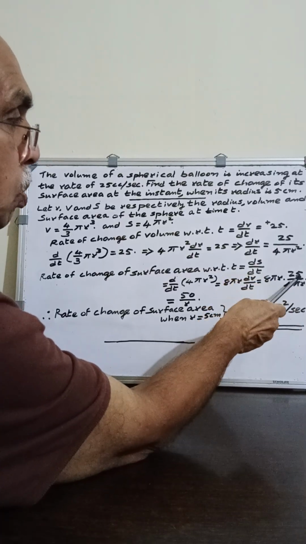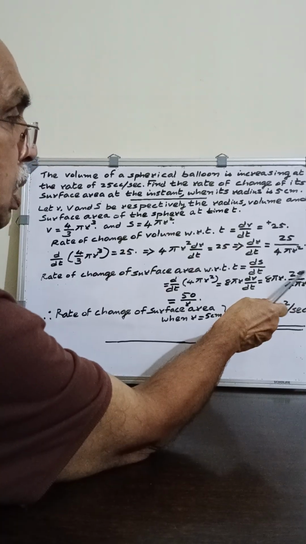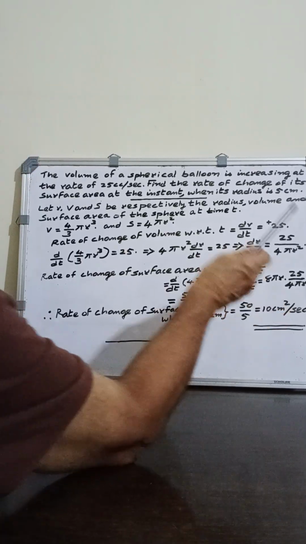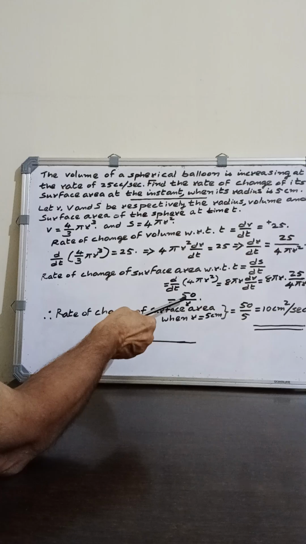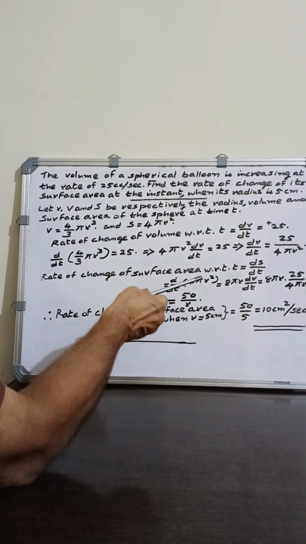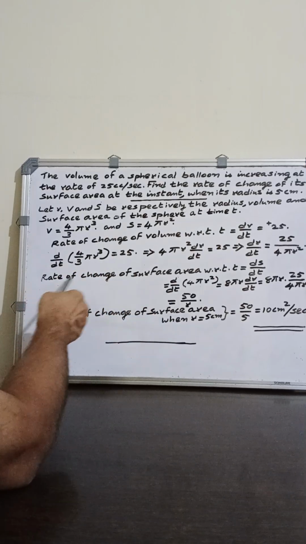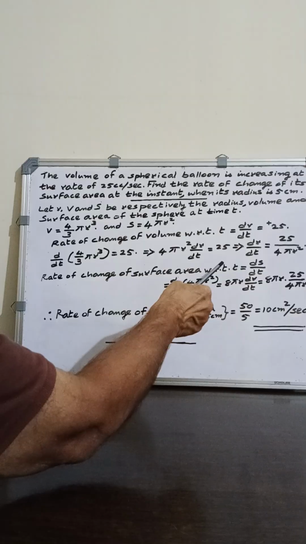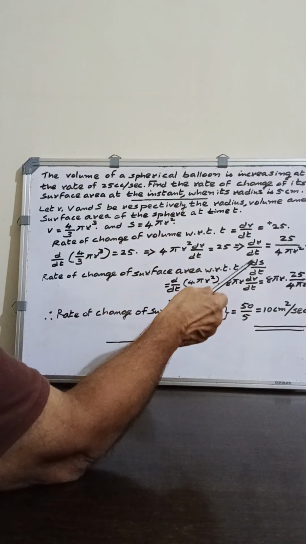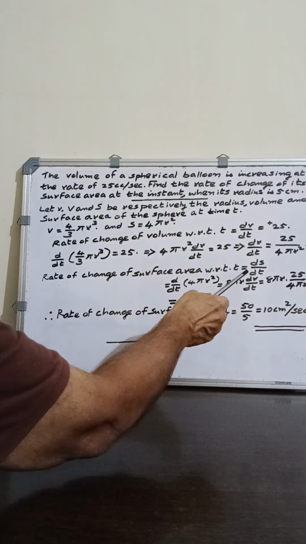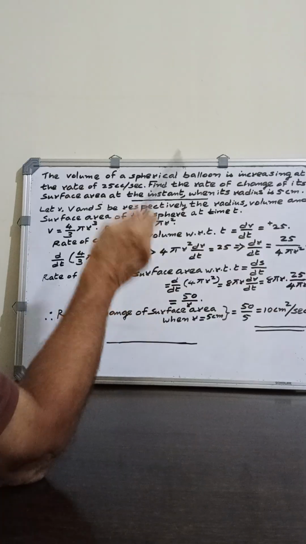Therefore, 2 into 25, 50. 50 by r is the resulting answer for the rate of change of surface area with respect to t. dS by dt is defined as 50 by r.